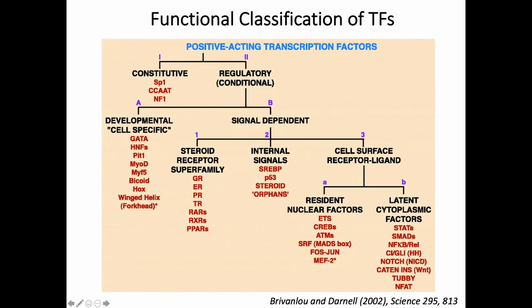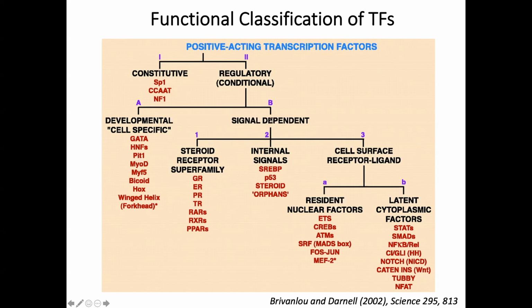For instance, the MyoD protein drives muscle cell differentiation, so it is only expressed in muscle cells. And the other one is PIT1. This is a transcription factor for growth hormone and is a pituitary-specific transcription factor. Okay, so you don't have to remember these specific names, but you need to understand the meaning of each category, all right?